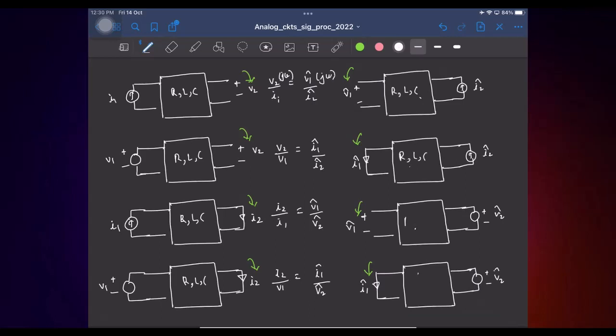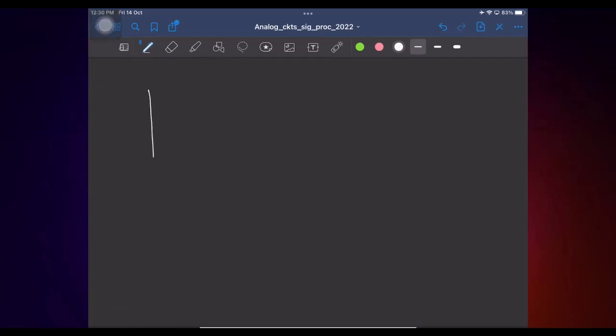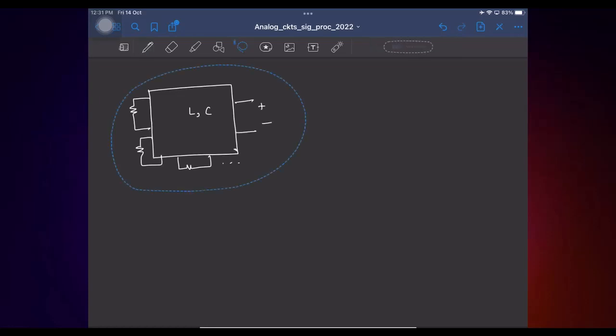Cool. As I briefly discussed in the last class, this reciprocity is actually very useful in practice, especially for calculating the transfer functions to find the power spectral density. So if we have an RLC network with multiple resistors, let's say I bring out the resistors separately here to show. Say there are a million resistors here, and we are interested in finding the power spectral density at the output.